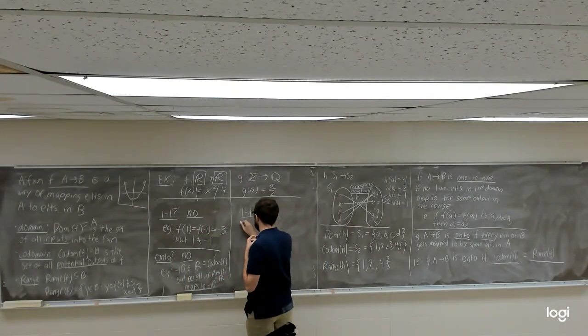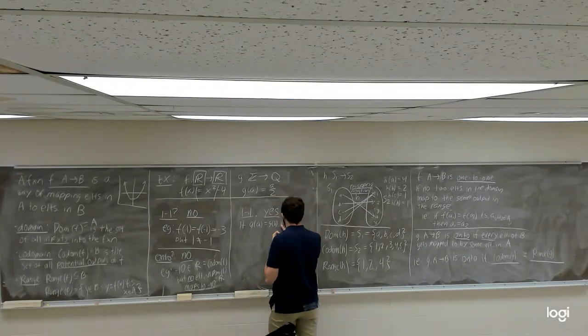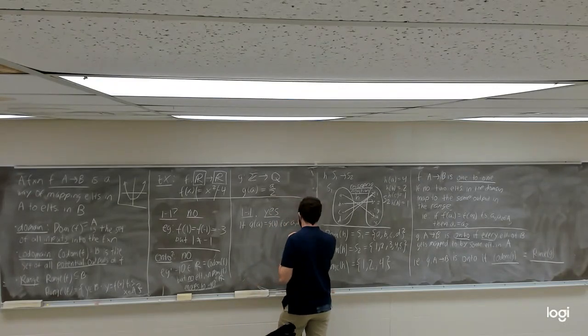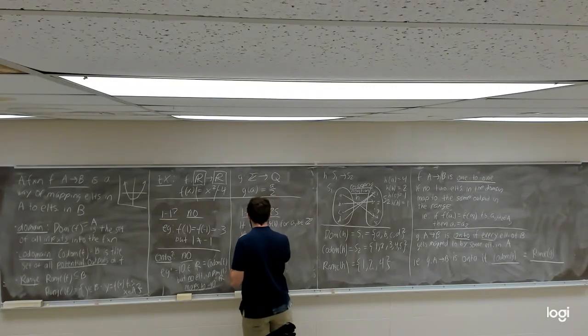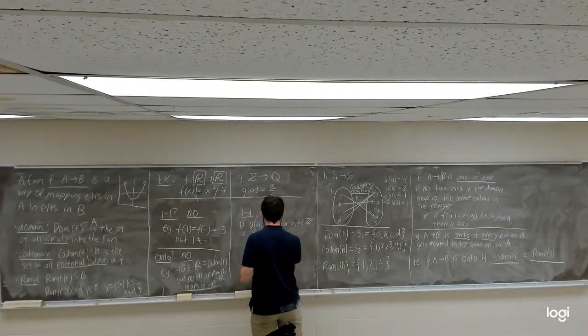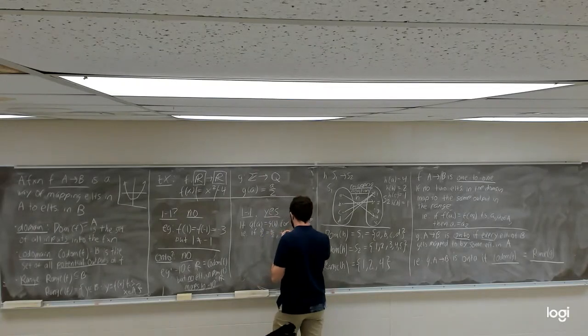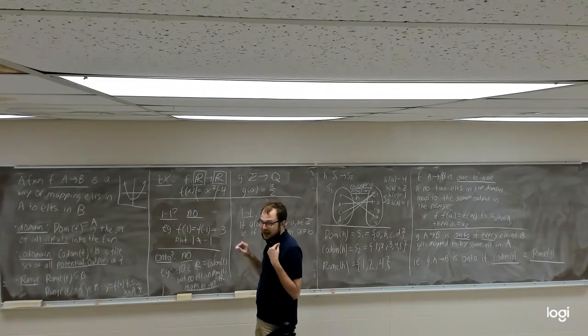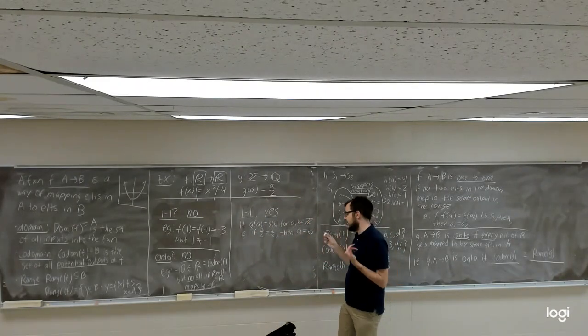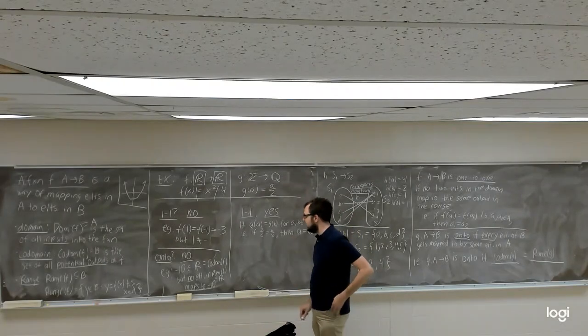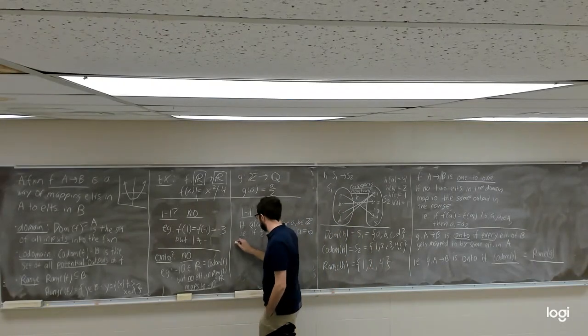So another way of saying this is if g of a equals g of b for a and b integers, i.e. if a over 2 equals b over 2, then a has to be equal to b. There's no way to have a over 2 equal to b over 2 for a and b integers unless a equals b to start with. So this is a one-to-one function.